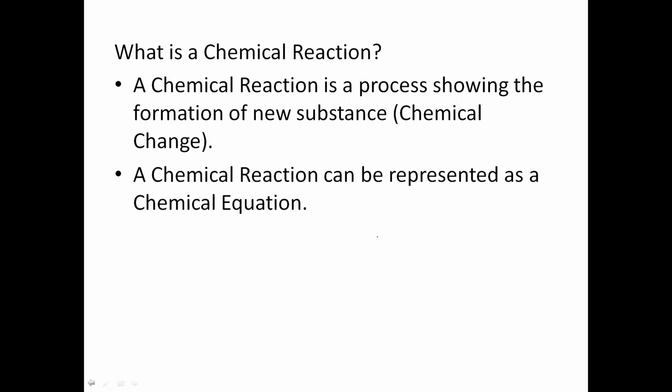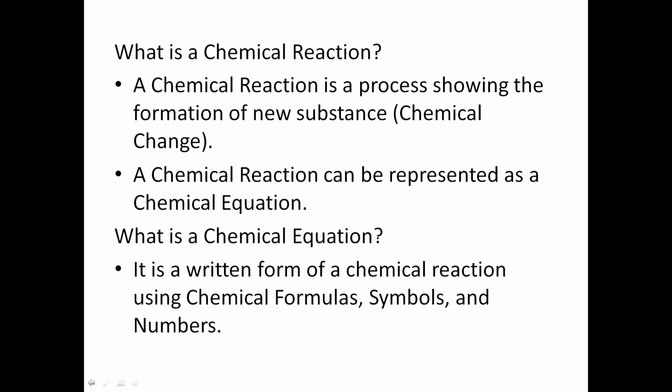Now, a chemical reaction can be represented in the form of what we call a chemical equation. What is a chemical equation? A chemical equation is a written form of a chemical reaction which shows you the chemical change. And this is a form in which it uses chemical formulas, symbols, and numbers.